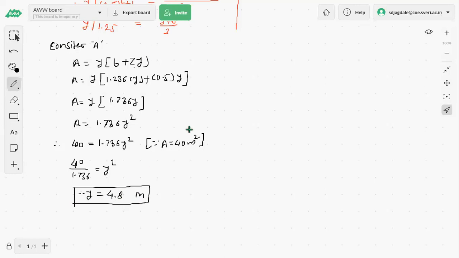Now we got the y. Calculate the b from the same. We know the relation for y and b, so use that relation and calculate b. Now, b is equal to 1.236 y. Is it correct?